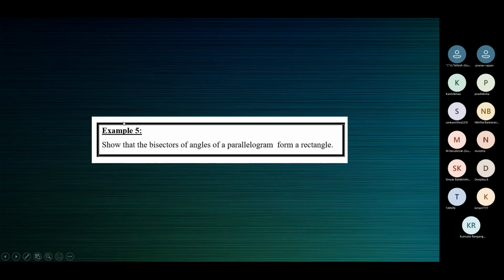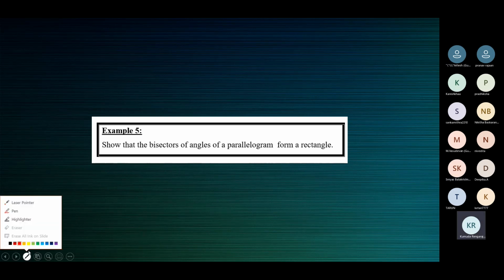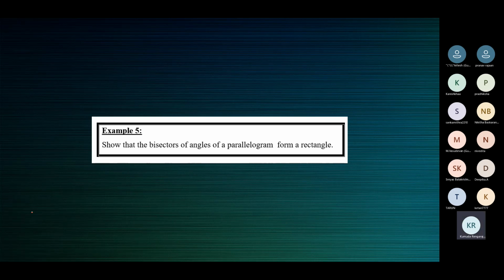Okay, so let's draw this one. We are given a parallelogram.